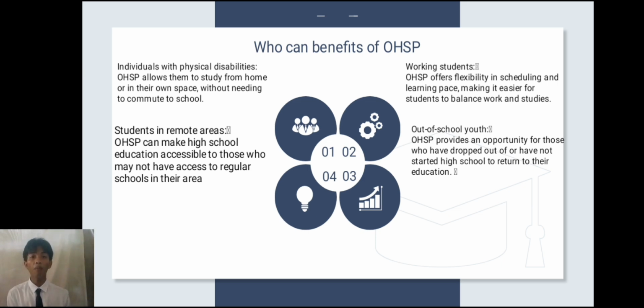Fifth, formal and structured. Despite being a distance learning program, OHSP maintains a structured curriculum with 8 core subjects and follows the same grading system as a regular school, according to Peña Integrated Christian Academy.